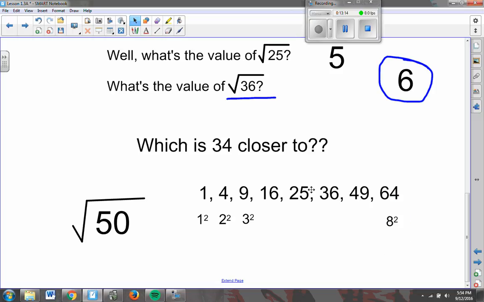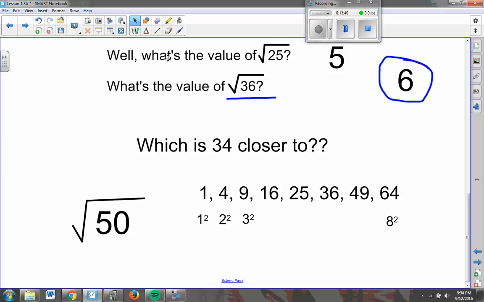Make sure these numbers get in your notes with their corresponding square roots, 1, 2, 3, 4, 5, 6, 7, 8. Then use these numbers to try and find the square root of 50 to the nearest integer, the nearest nice whole number with no decimals. Pause the video, try to figure that one out, and then coming back, I'll show you what we should get.